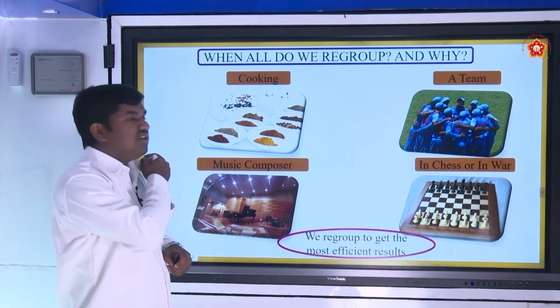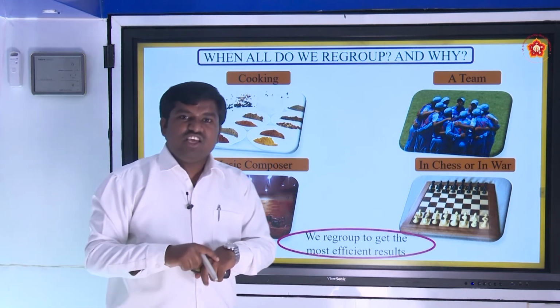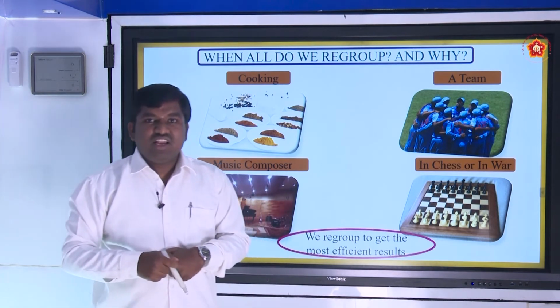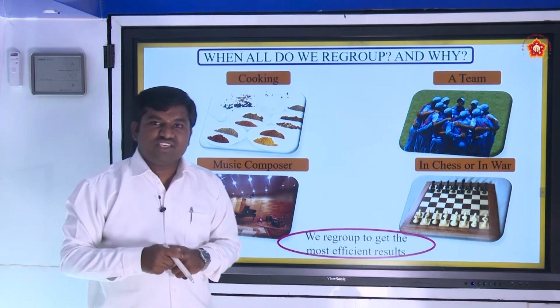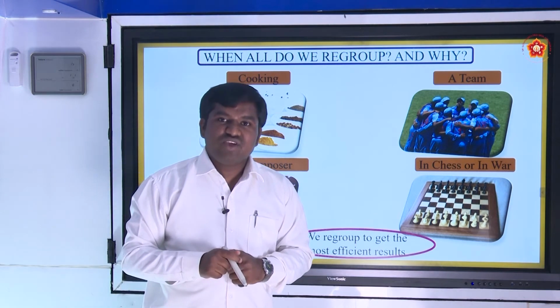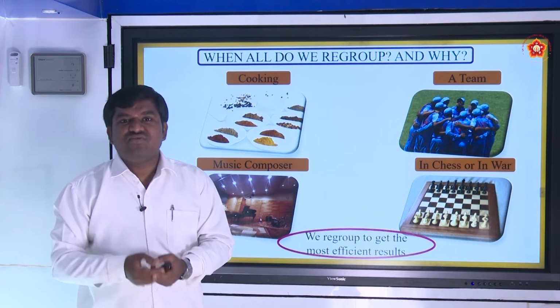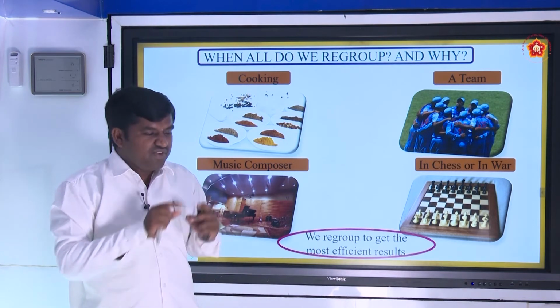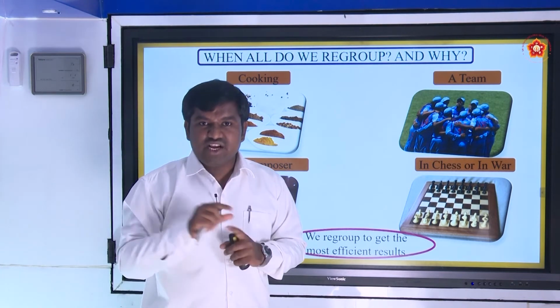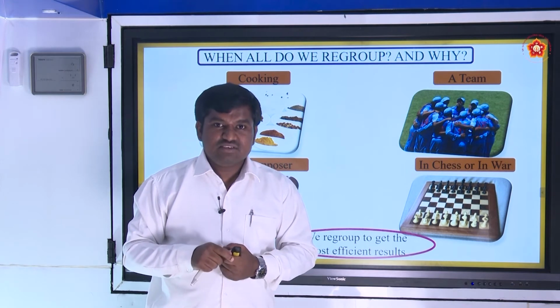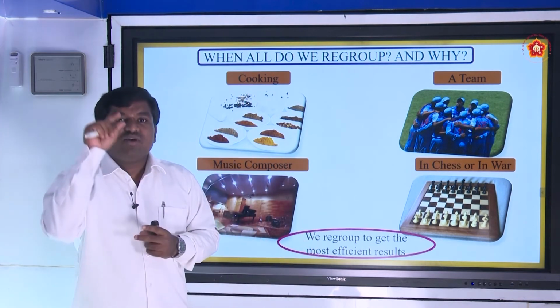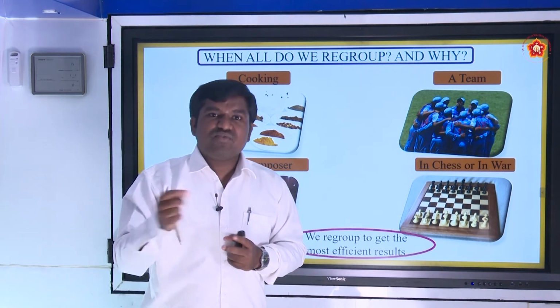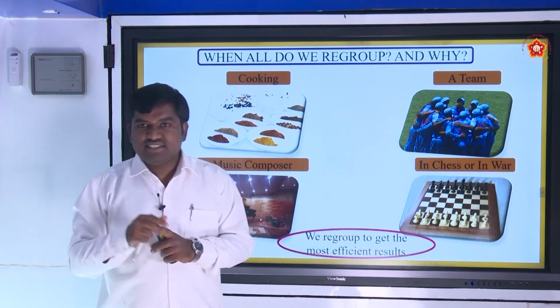Observe this. Cooking. In cooking, do we have the same kind of dishes every day? No, we have a different variety of dishes, but we are using the same ingredients. Some particular type of ingredients will give rice.